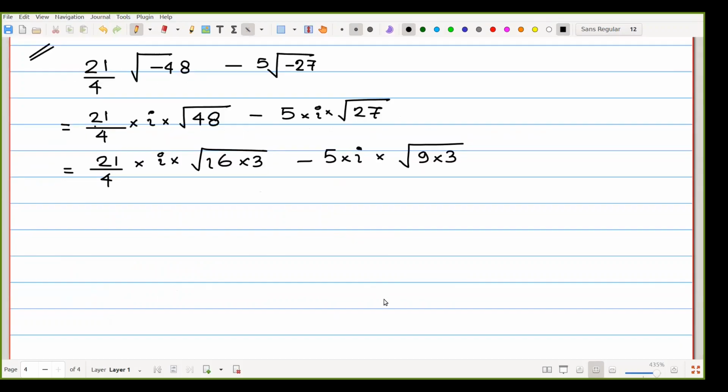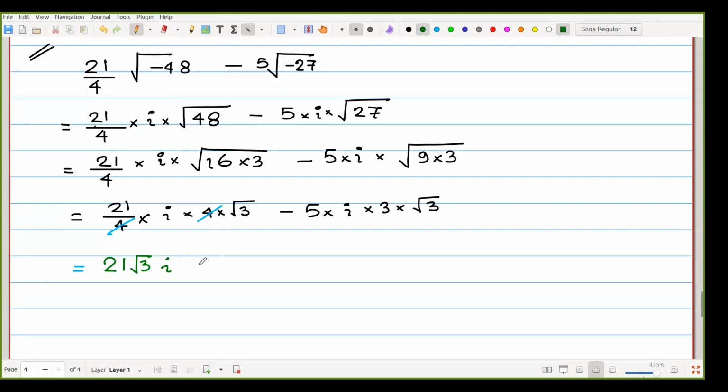Okay, so here we have 21 by 4 into i. That square root of 48 means 4 into square root of 3, minus 5 into i. Square root of 27 means 3 into square root of 3. Now we can divide by 4. So that one is becoming now 21 into square root of 3 into i, minus here that is 15, 5 into 3, 15 square root of 3 into i.